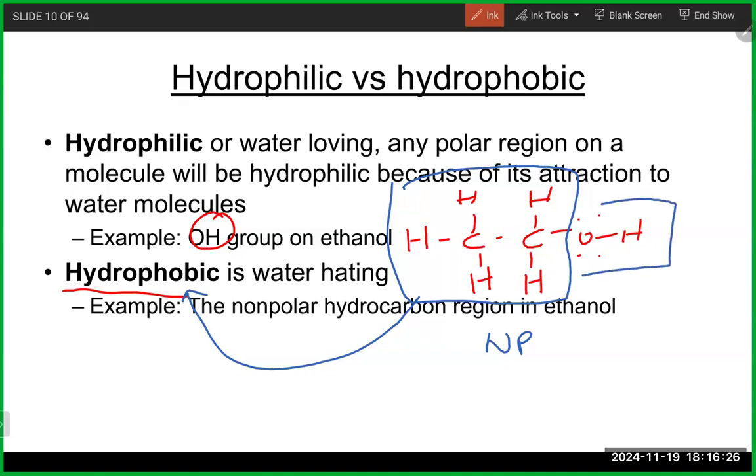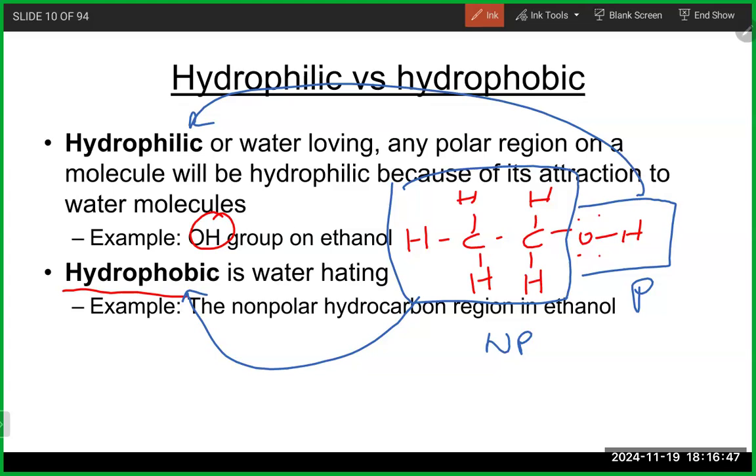This part over here, which is our polar part, is hydrophilic, and it likes water. So there's lots of compounds that have both parts to it. For example, I think we might have talked about it in a previous chapter, but soap, for example, has a hydrophobic part and a hydrophilic part.